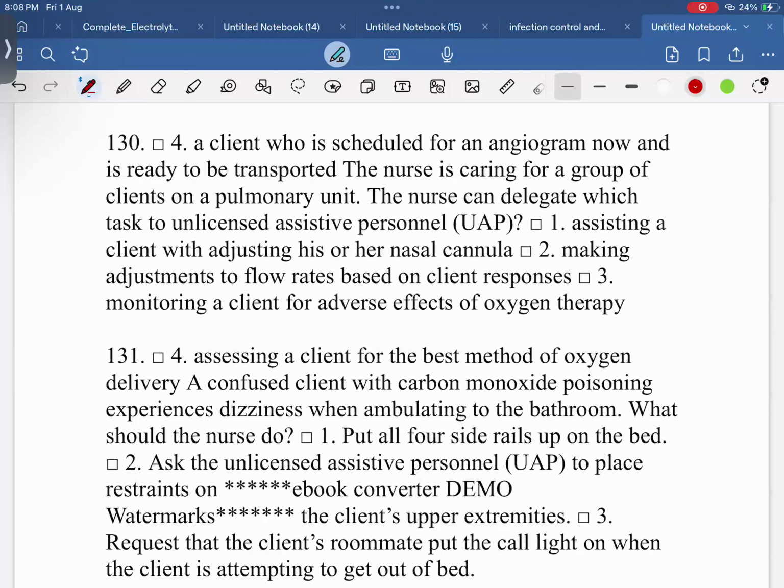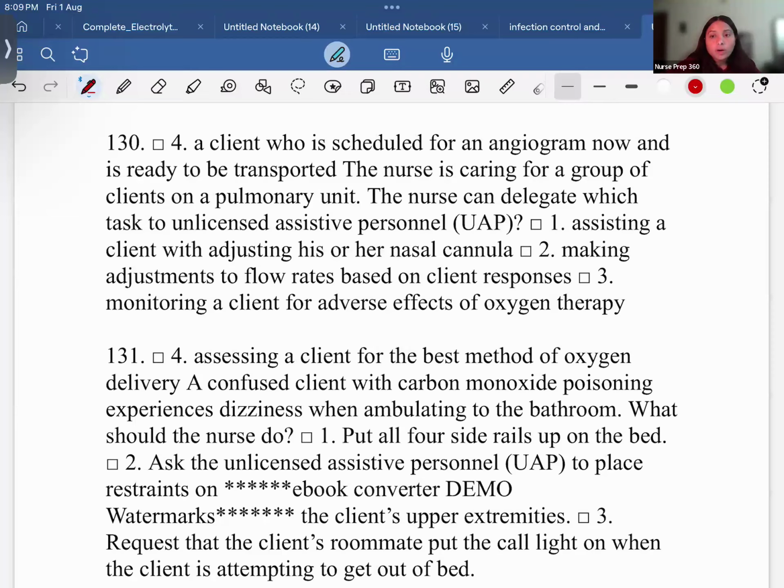Option number 1, assisting a client with adjusting his or her nasal cannula. Second, making adjustment to flow rate based on client response. Third one, monitoring a client for adverse effects of the oxygen therapy. Fourth one, assisting a client for the best method of oxygen delivery.